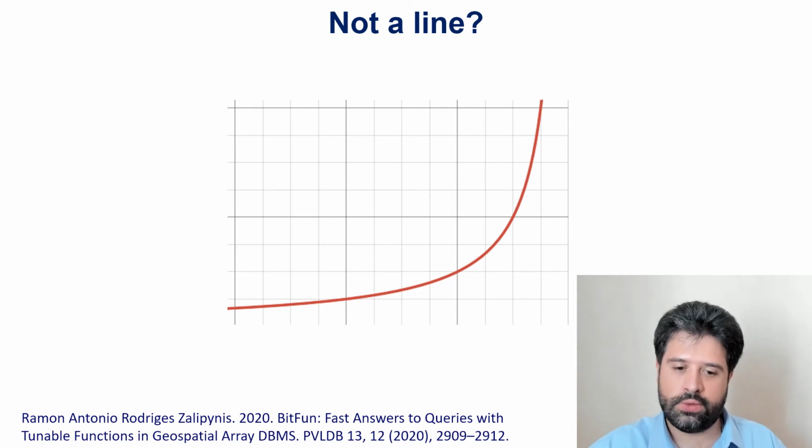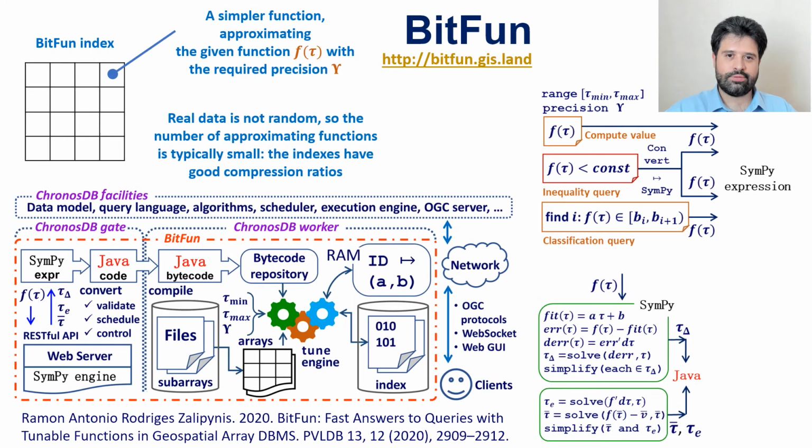Wondering what if the function is not a line? Please have a look at the paper for more details. The Bitfun approach from a bird's eye view looks as follows. The Bitfun index contains identifiers of simpler functions, approximating the given function with the required precision.